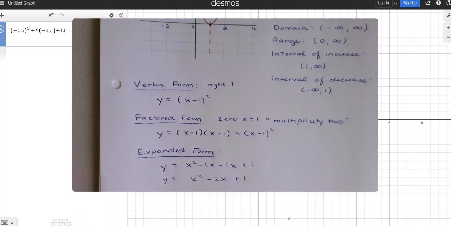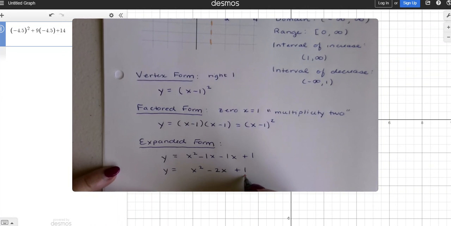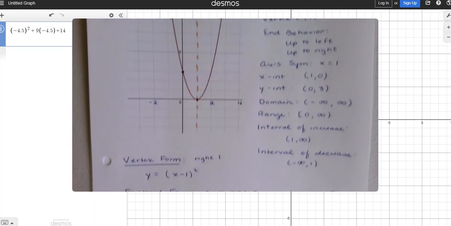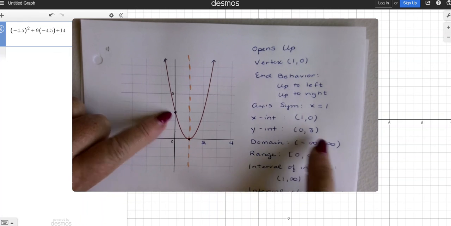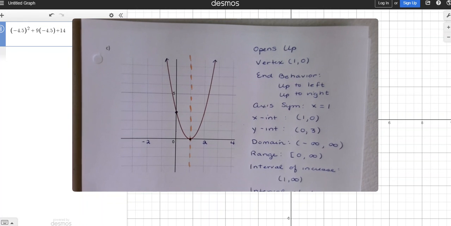All right, as we've said, the expanded form is the one we can look at when we want to think about the y-intercept. And this, right now, would predict a y-intercept of 1, right? But that's not actually what happened on this graph. Our y-intercept was 3. So this is the only one that I actually have to worry about that multiplier, that vertical stretch.